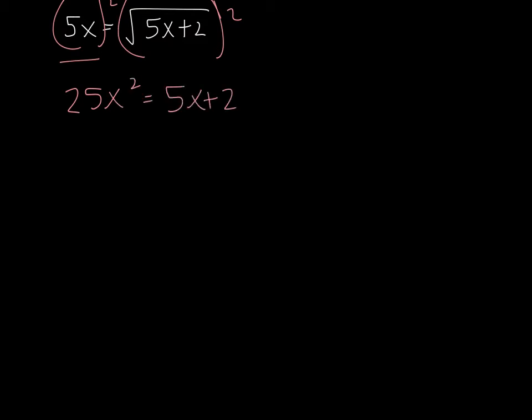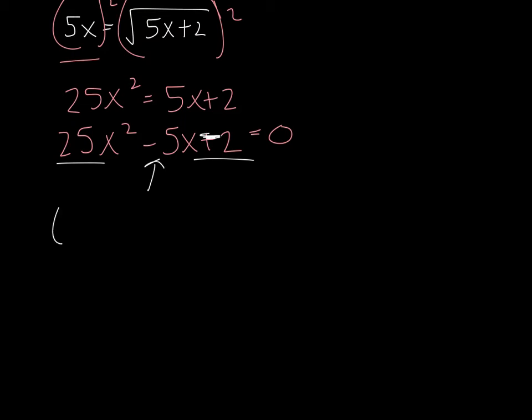So it's a quadratic, so I'm going to get one side equal to 0. Then I have to factor this trinomial, so I'm going to find factors of 25 and negative 2. This is actually negative 2. So factors of negative 50 that add up to negative 5.